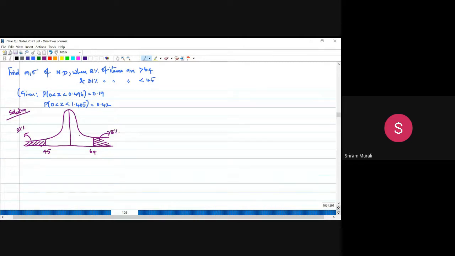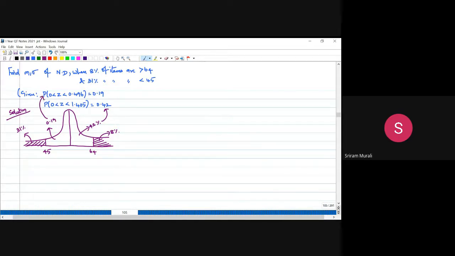So for 42%, this is given. I mean, for 42%, the probability value is this. For the remaining 19%, the probability is this.